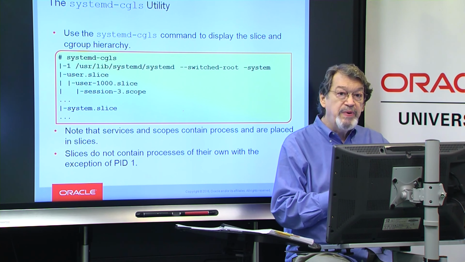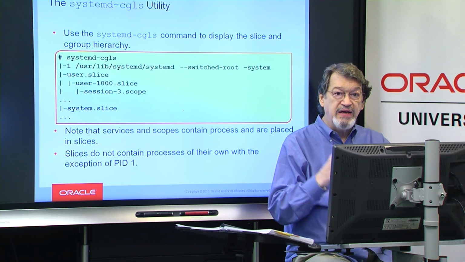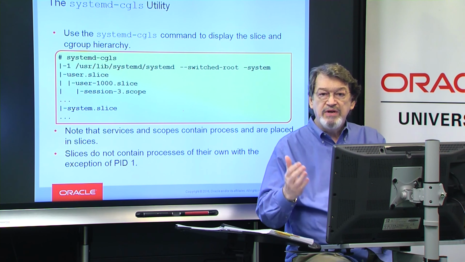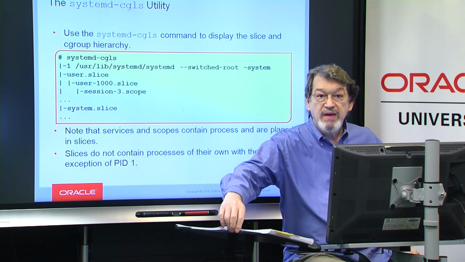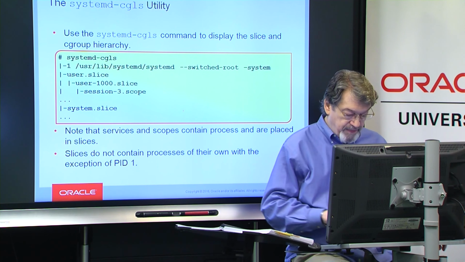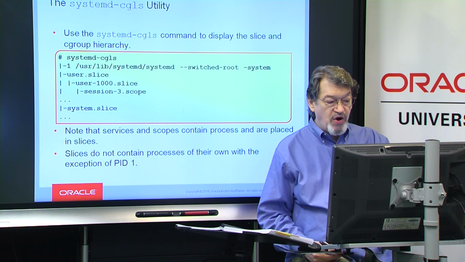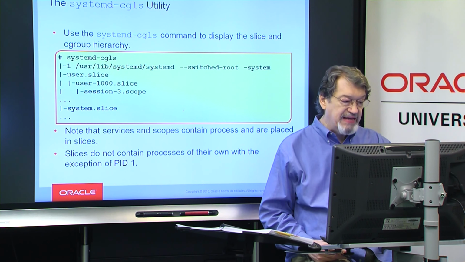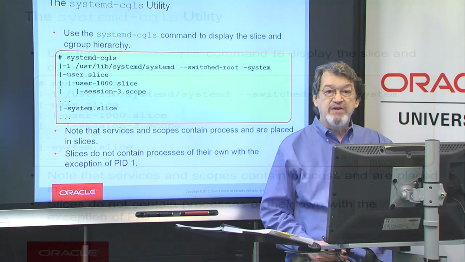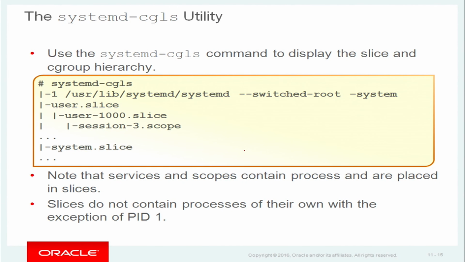And so because we're looking at a user who has connected, that user slice gets automatically created when they get logged on, and then when they log off, it goes away.